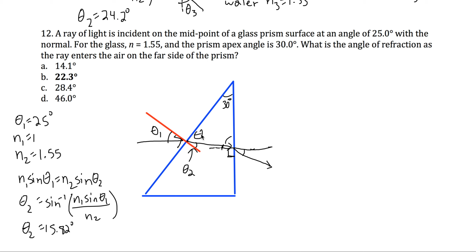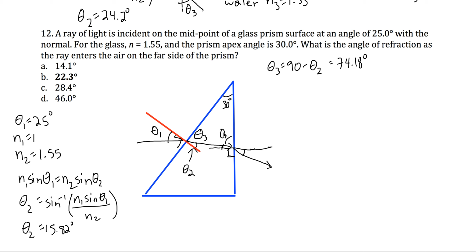So I call this one theta 3. Theta 3 and theta 2 form a right angle, so I know that theta 3 is just 90 minus theta 2. So it's going to be 74.18 degrees. Now that I have theta 3 and I have 30, I know these three will add up to 180 degrees.